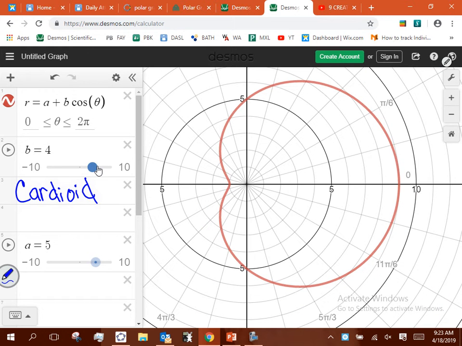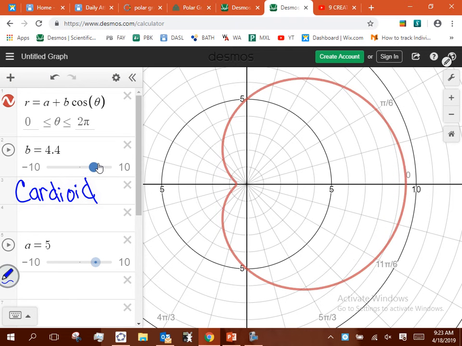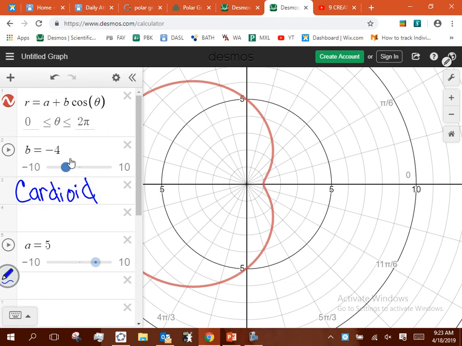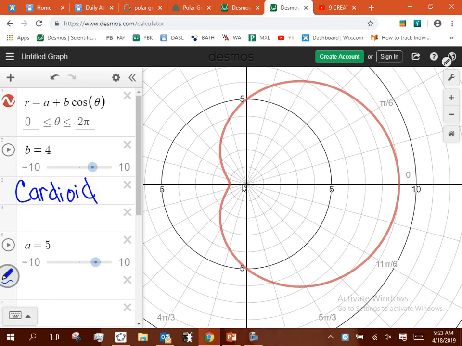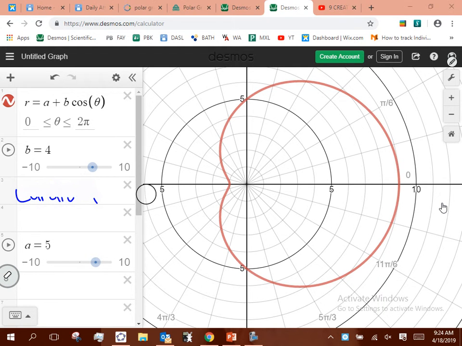So make this B value grow here. What this is, and I can go either way, okay, but we call this little region here a dimple, okay. This shape is not a cardioid, even though it kind of looks like a heart, right?